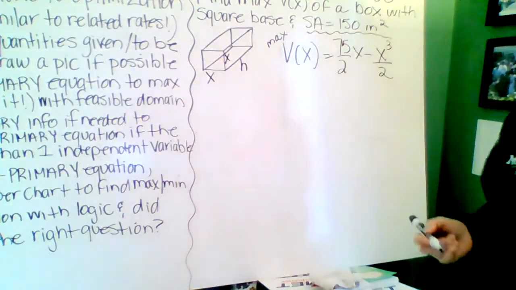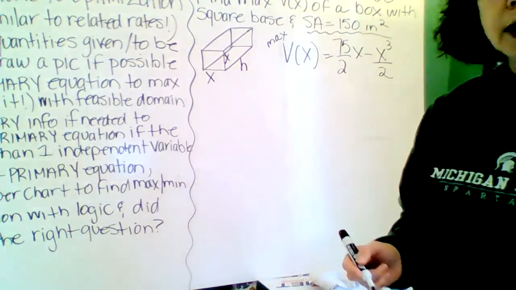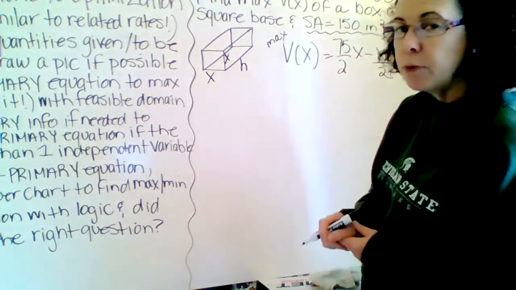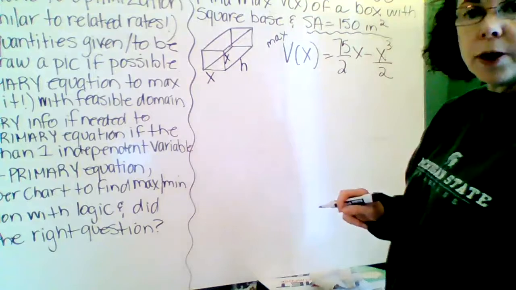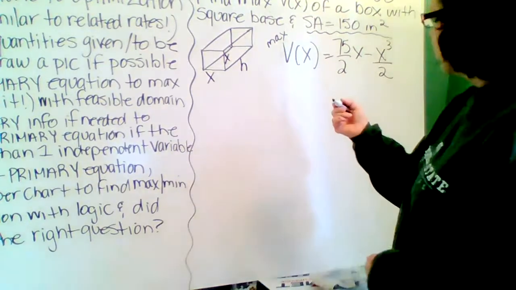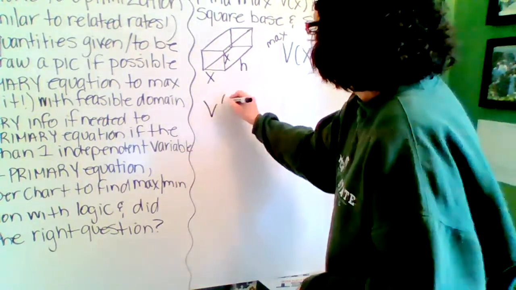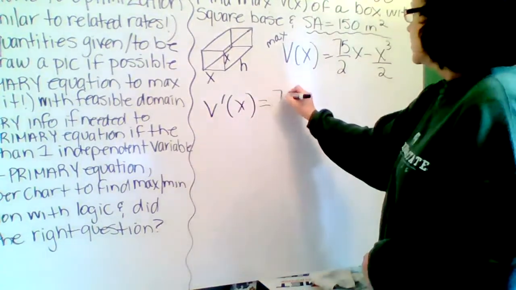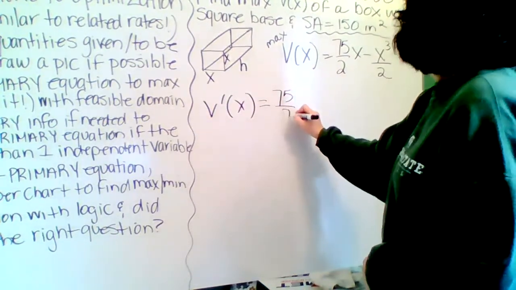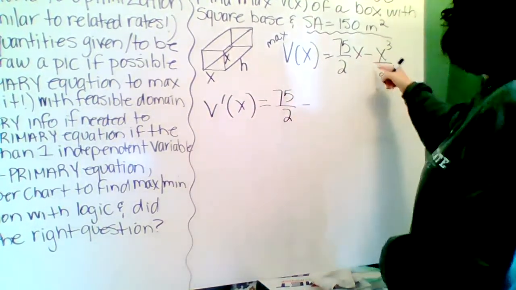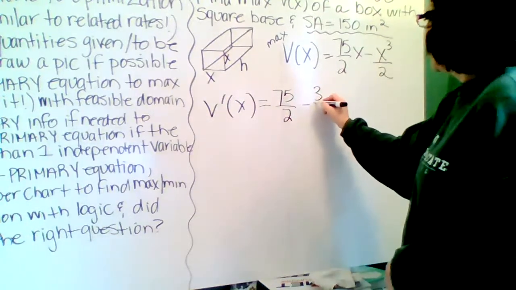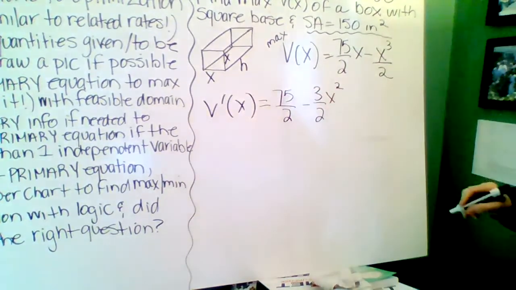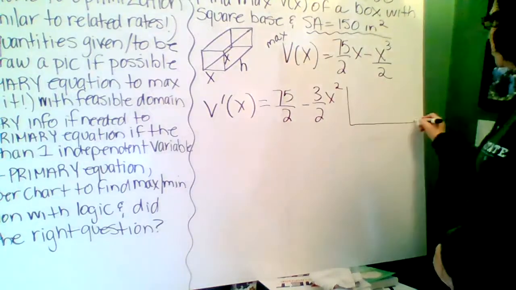Okay, now, next step, let's take the derivative, right? Because we're trying to find a max or min, and that would occur at a critical point where the derivative is 0 or undefined. So let's take the derivative, and that would be 75 halves minus, I'll bring the 3 out front and multiply it, 3 halves, and reduce that exponent by 1. There we go. Let's do critical points.